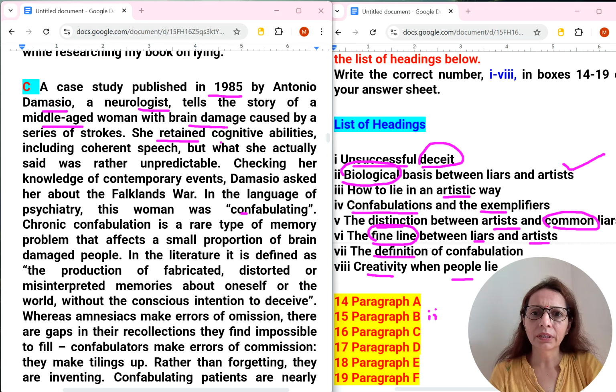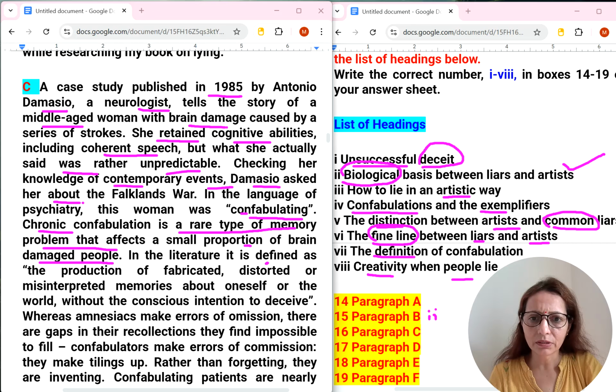She retained cognitive abilities including coherent speech, but what she actually said was rather unpredictable. Checking her knowledge of contemporary events, a doctor asked her about the Falklands War. In the language of psychiatry, this woman was, oh, this word is also there, confabulating. Chronic confabulation is a rare type of memory problem that affects a small proportion of brain damaged people.